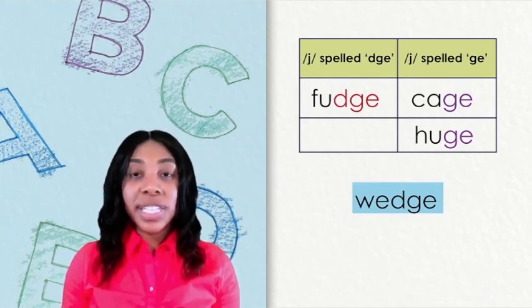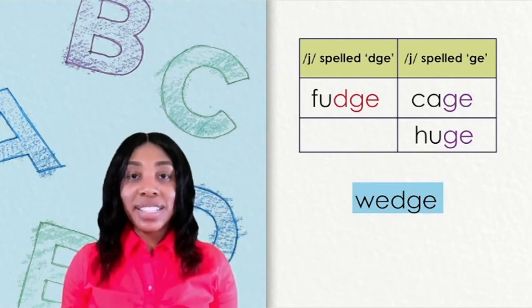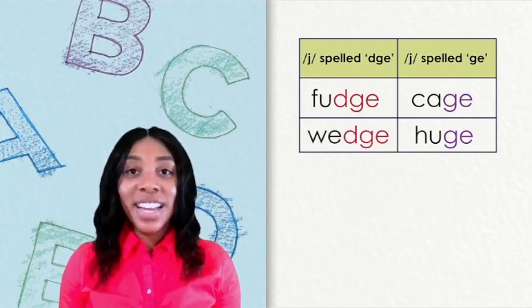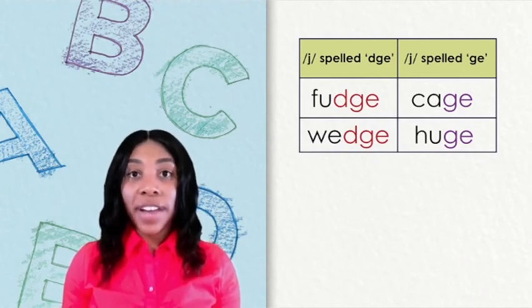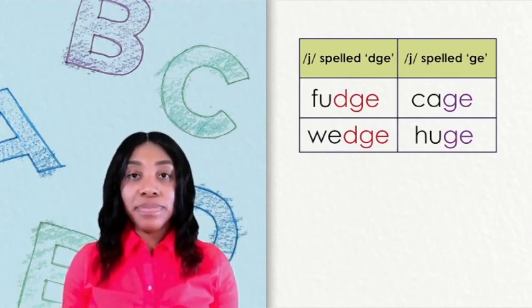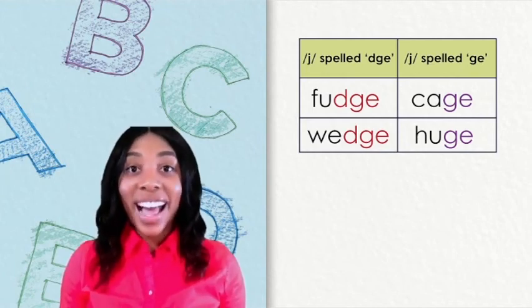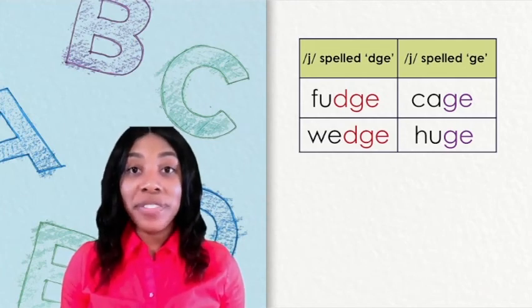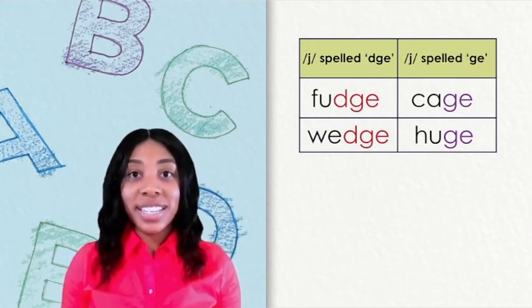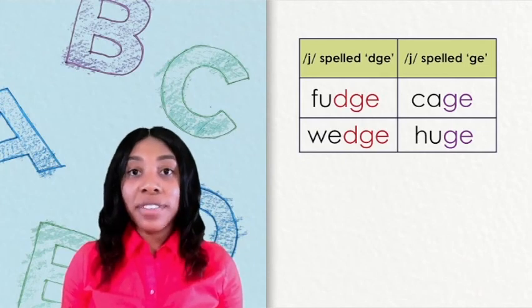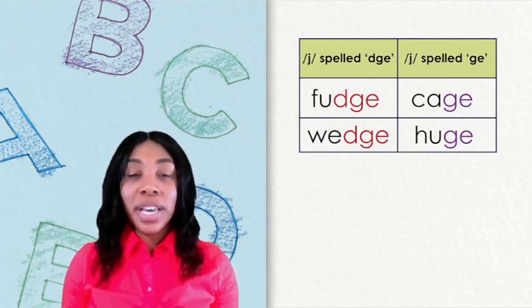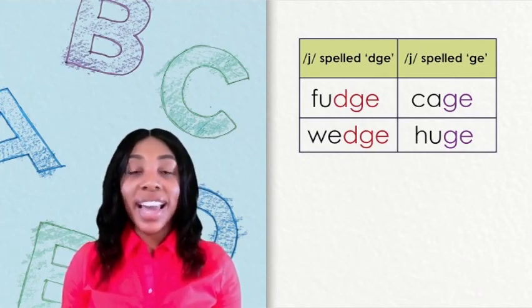What spelling did you see for the J sound at the end? D-G-E. Do we have a short or long vowel before the J sound? We have a short vowel. Our rule works. As you can see, if we have a short vowel, we will put D-G-E. And if we have a long vowel before the J sound, we will place G-E at the end.